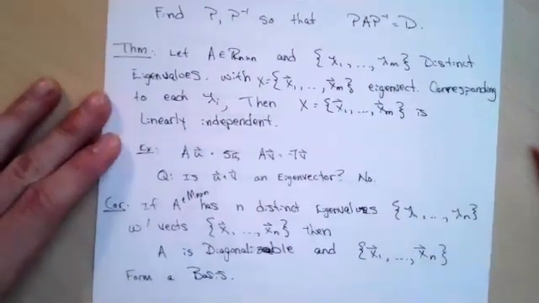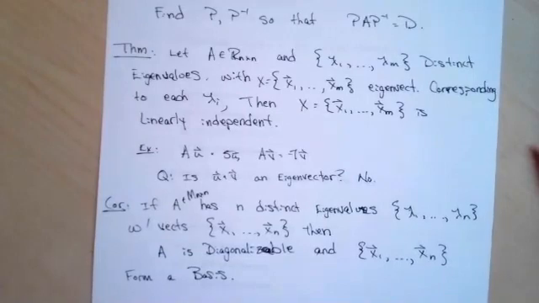So of course we have n distinct linearly independent vectors. It's going to form a basis.